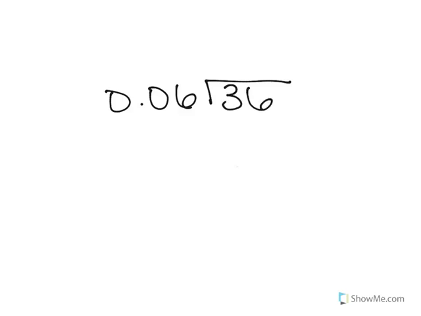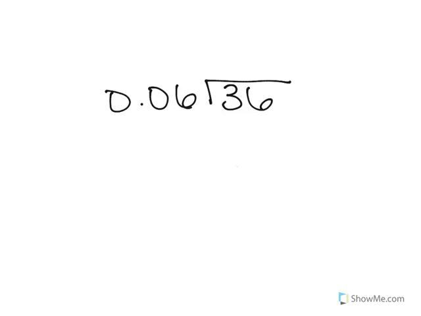Now, first example, let's do a problem very similar to that. Now, I still have a 6 and I have 36, but the problem with this is in my divisor, I have a decimal. This isn't 6, it's 6 hundredths.